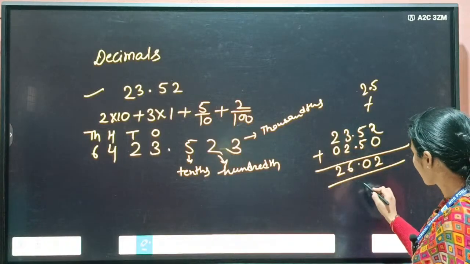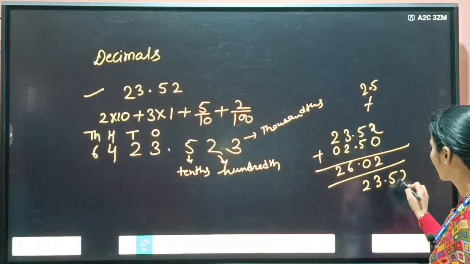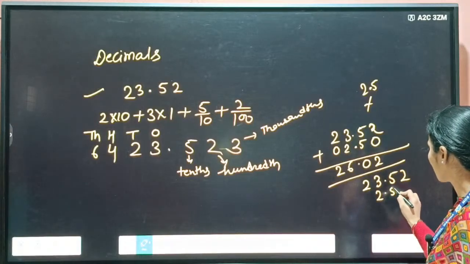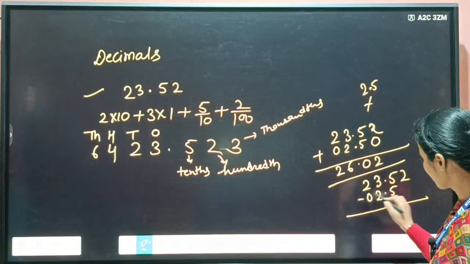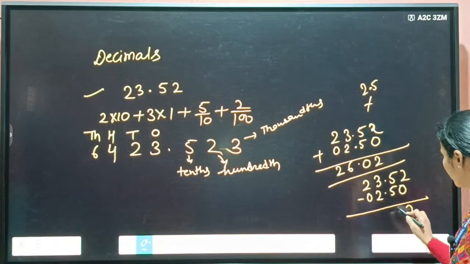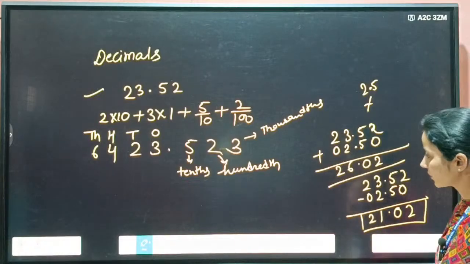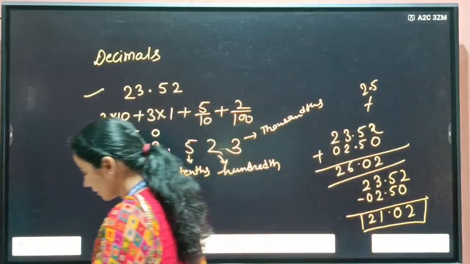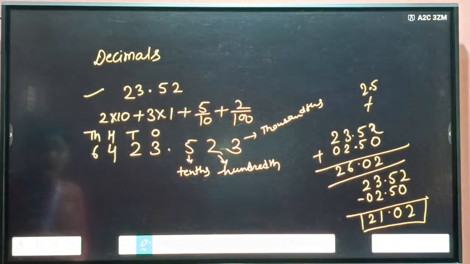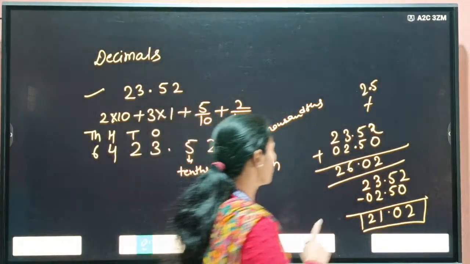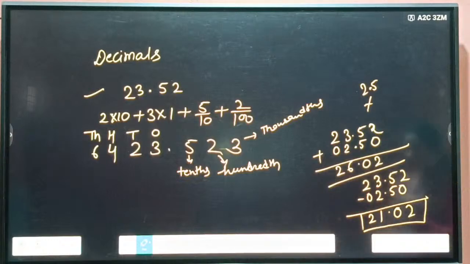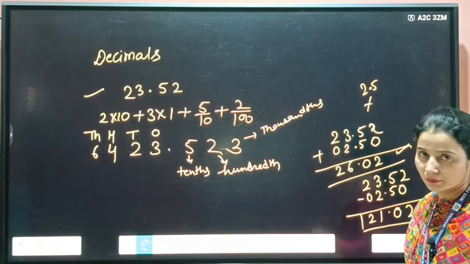And if we have to subtract, then in the same way we put decimal below decimal, and on the rest of the places we keep 0. So 2, 0, 1 and 2, 21.02. So while we are adding or subtracting, we should keep in mind to write decimal below decimal, then we can subtract or add these decimal numbers.